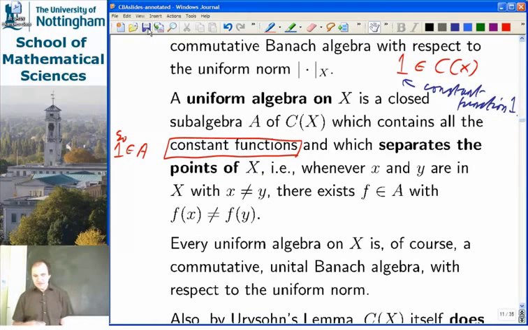And under those conditions, of course, the uniform algebra is, because I insisted it was uniformly closed, a closed subalgebra of c of x, meaning closed with the uniform norm.